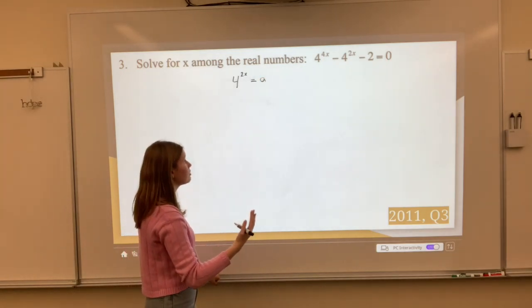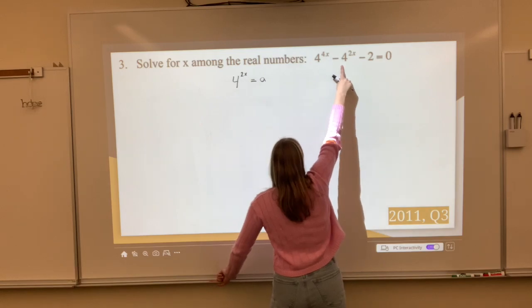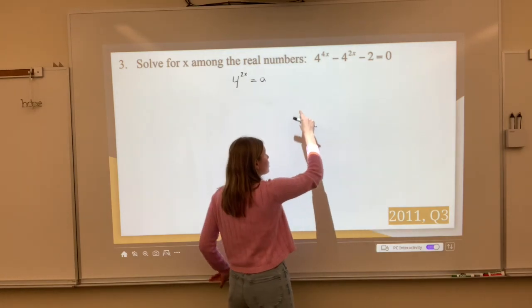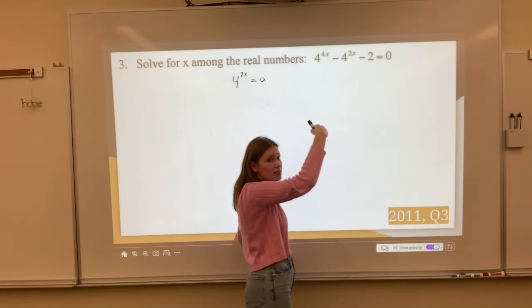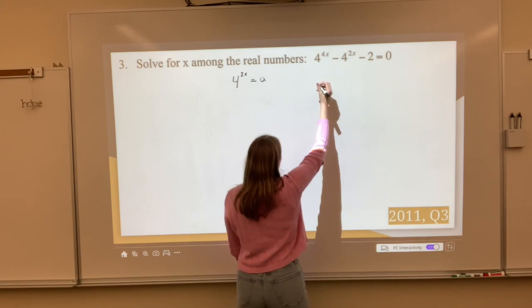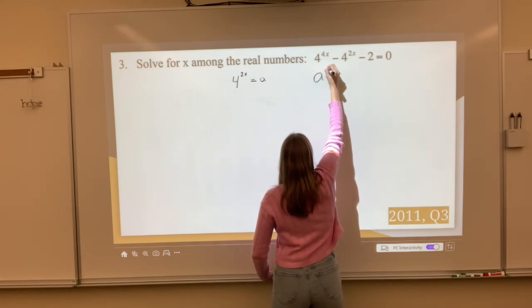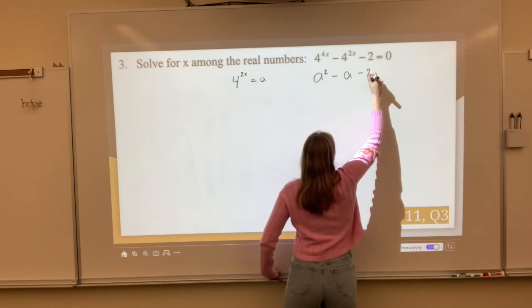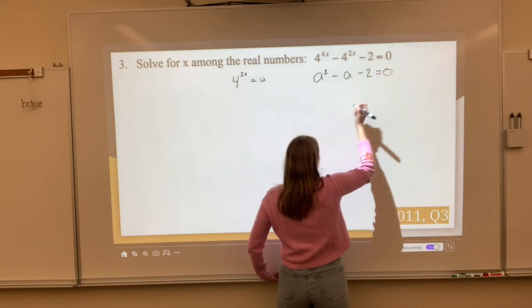Once I do that, we replace this with a, and this is the same thing as saying 4 to the 2x raised to the second power, so that's just going to be a squared. I'm going to rewrite this. A squared minus a minus 2 is equal to 0.